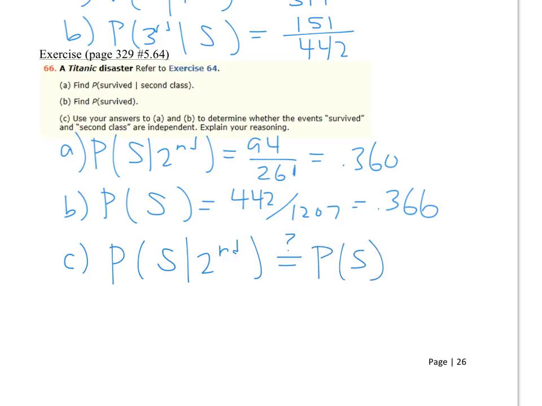In other words, I need to know if, knowing that this person was in second class, the survival rate is the same as the survival rate overall. Well, we can see from Part A, where we already calculated the probability on the left to be 0.360, and the probability of survival is 0.366. Since these numbers are not exactly equal to each other, we conclude that the events survived and second class are dependent.